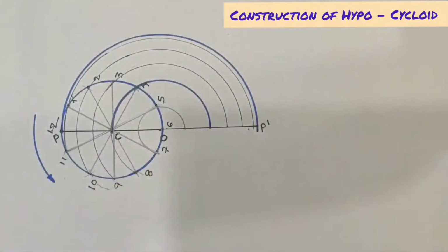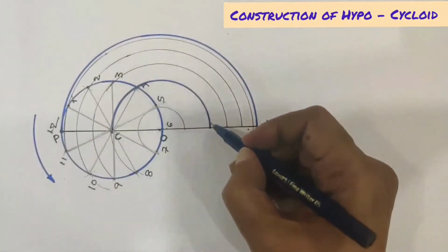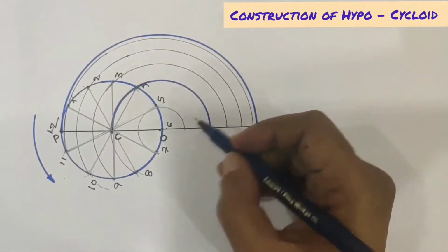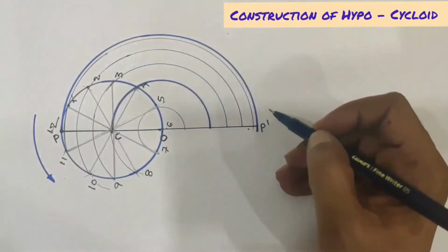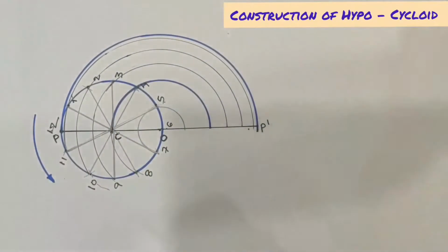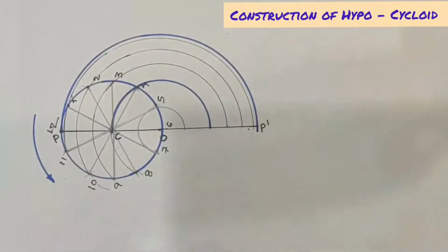After that, this is locus of path arc and this is directing arc. This directing arc angle is 180 degrees and locus of path arc angle also 180 degrees.